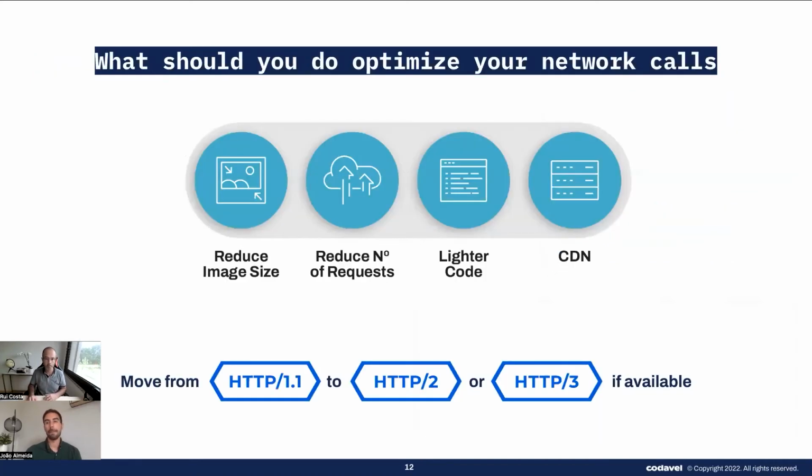And this is why, if you want to be successful in your mobile application, you have to make sure that you do your very best to optimize everything that is related to networking. So you have to make sure that your network calls are as optimized as you can.